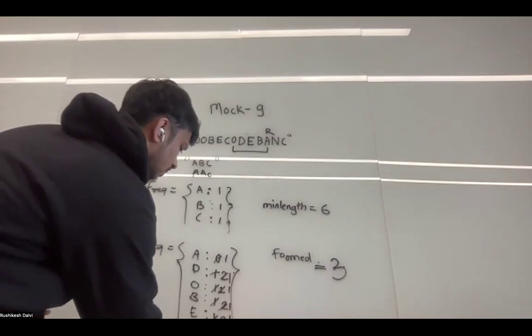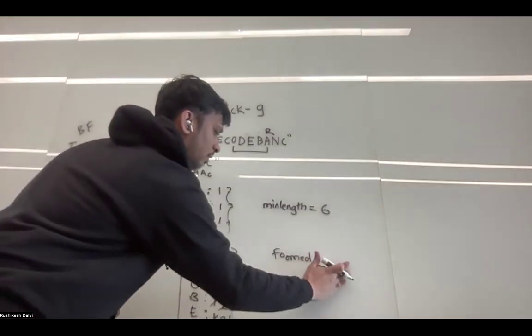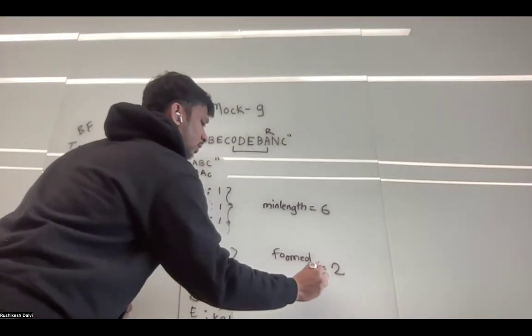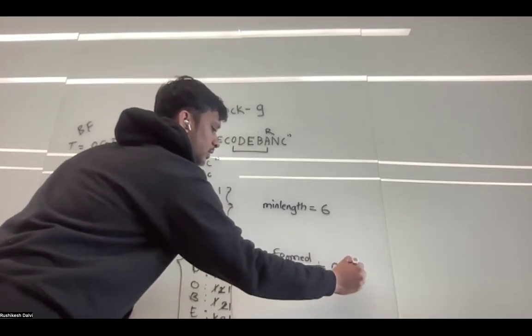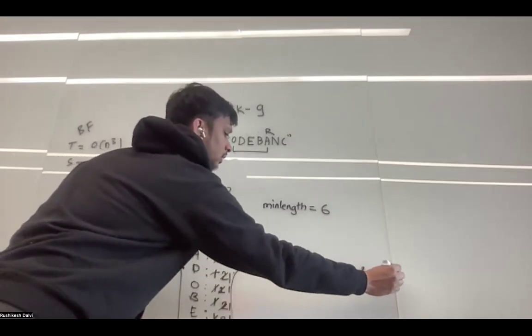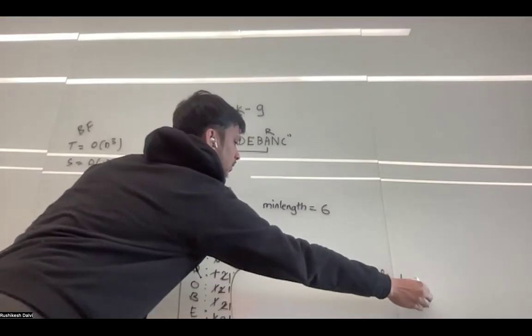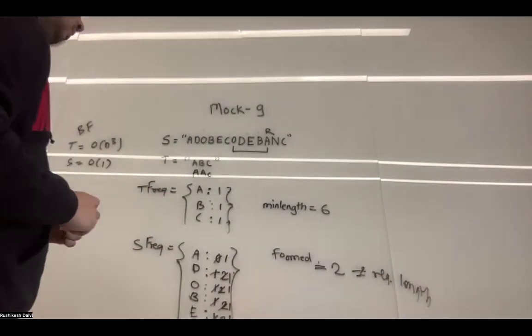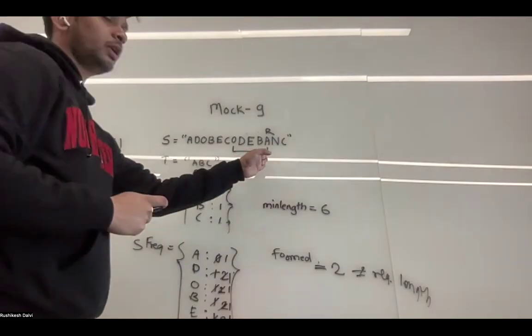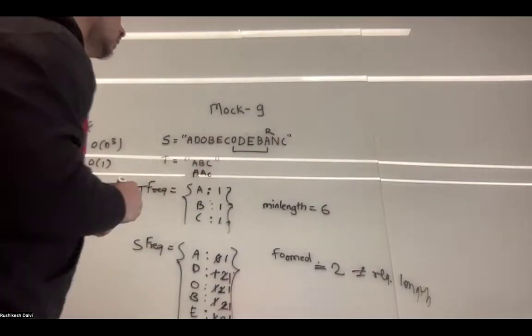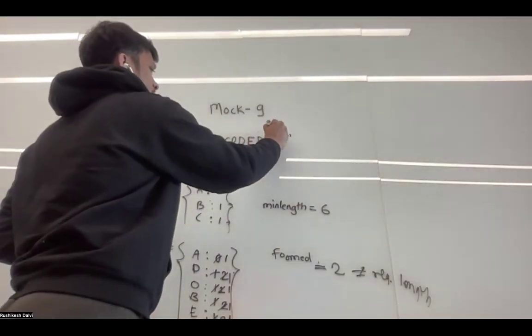Now my C becomes 0. So my formed is 2, which is not equal to the required length. Then it's time to increase my right pointer again. So R comes here.